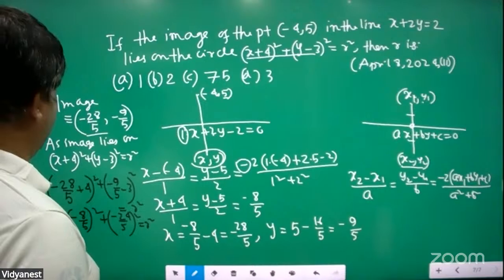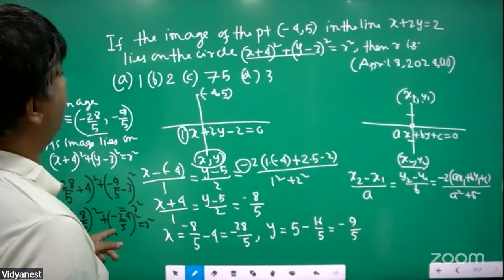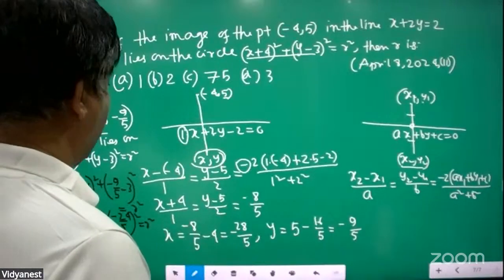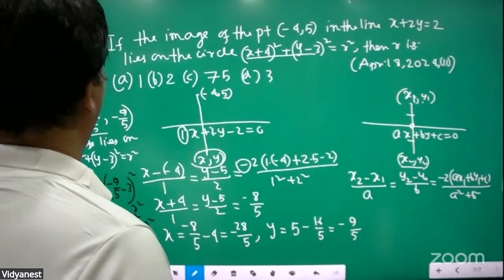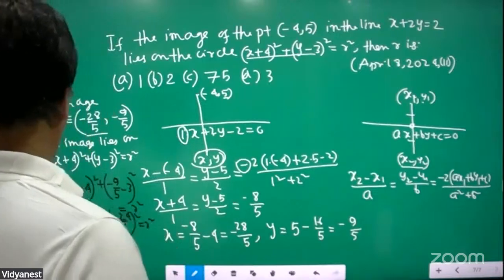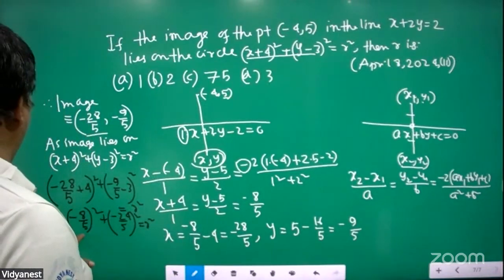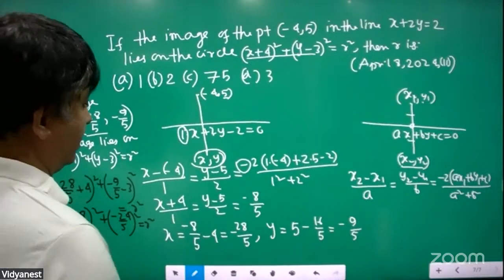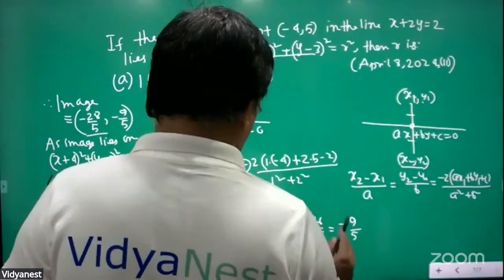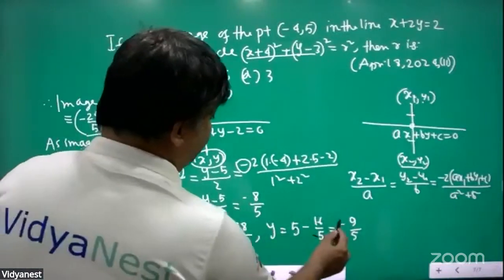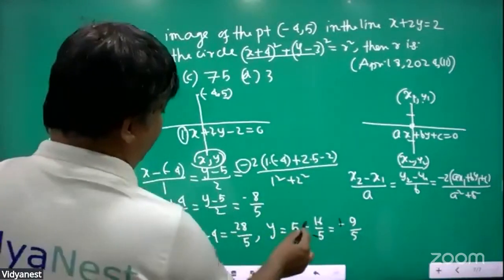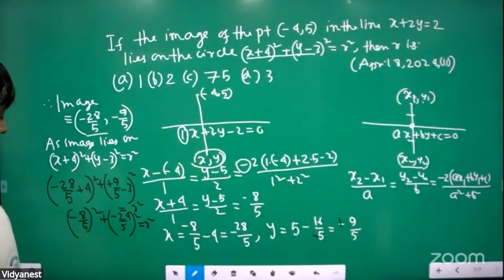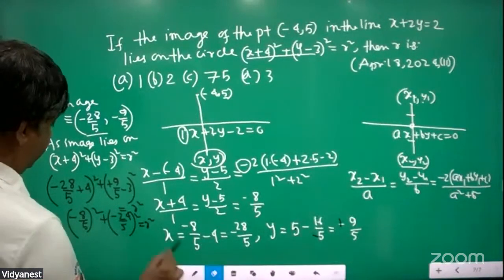That means 640 by 25. I think there is some mistake of mine. 1 minute, let me check. Minus 8 by 5 and this is y minus 3. 25. Oh, this is plus 9 by 5. 5 into 5. See, plus minus से कितना फर्क पड़ता है देखो. हाँ sir.